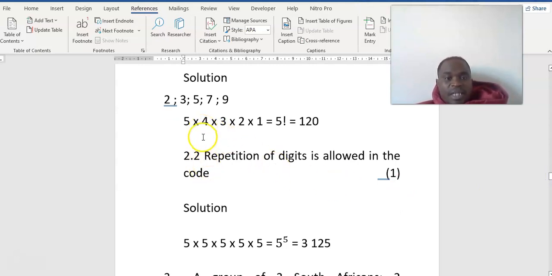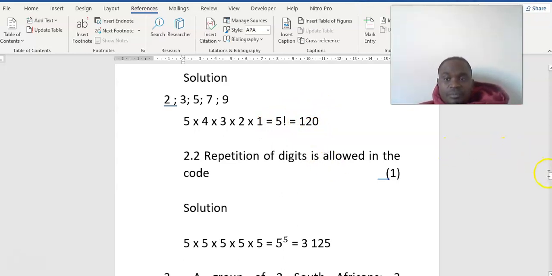The question says repetition is not allowed. So if I use it in the first space, I can't use it in the second space. So it's going to be 5 factorial. Alright? Good. So that gives us 120.